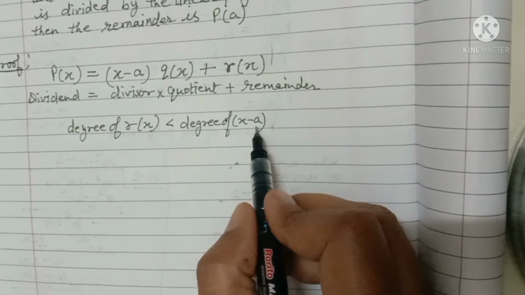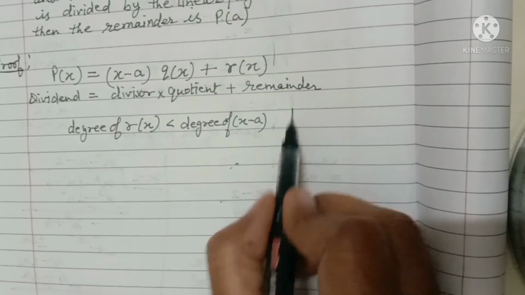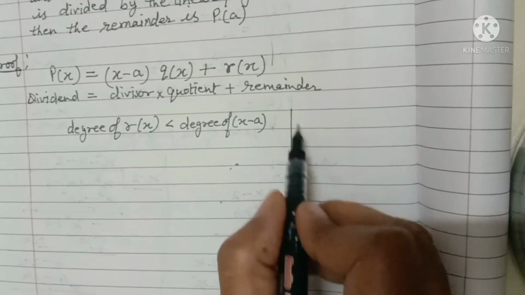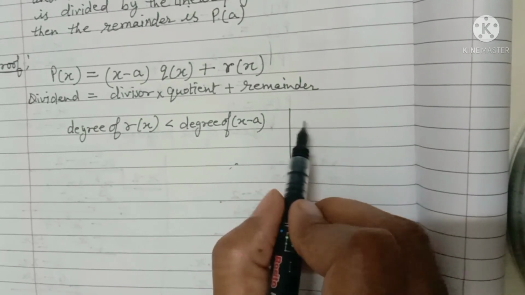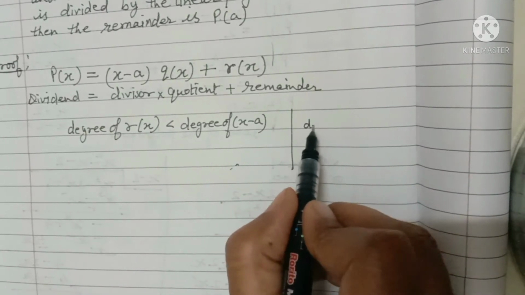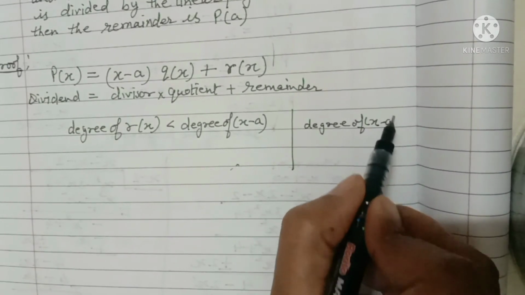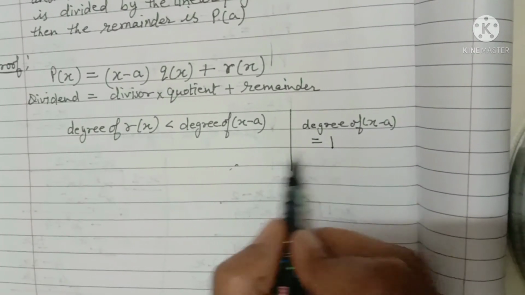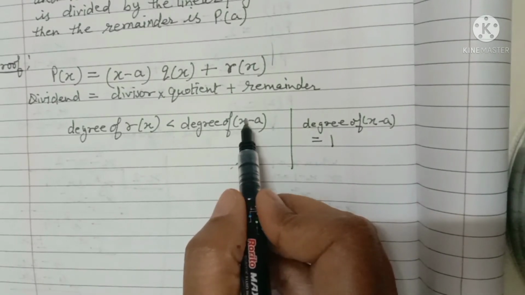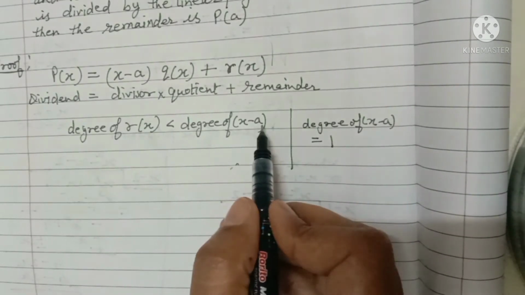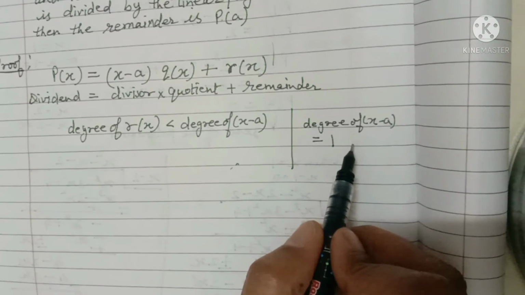What is the degree of x minus a? The degree of x minus a is 1, as it is a linear polynomial, because x has the power 1. So it is a linear polynomial and it is of degree 1.